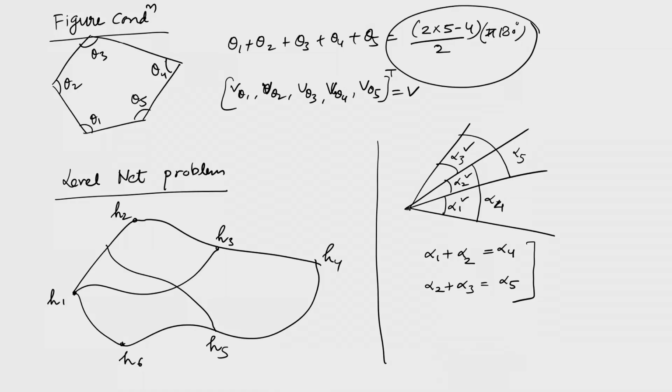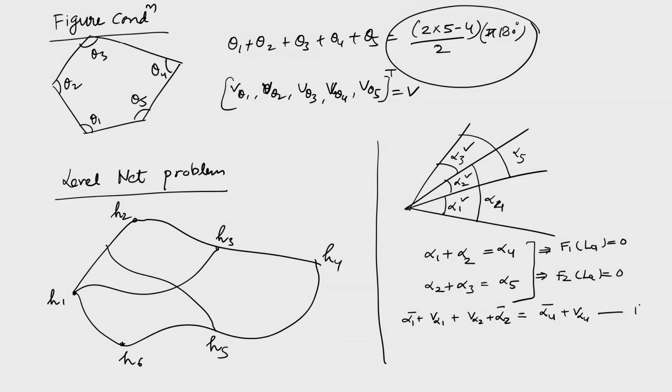So let us take this example. Here I have 2 functions, let us say f1 of LA equal to 0. Similarly here I have f2 of LA equal to 0. So what does it mean? If I write here alpha 1 bar plus error in alpha 1 plus alpha 2 bar plus error here equal to alpha 4 bar plus error in alpha 4.